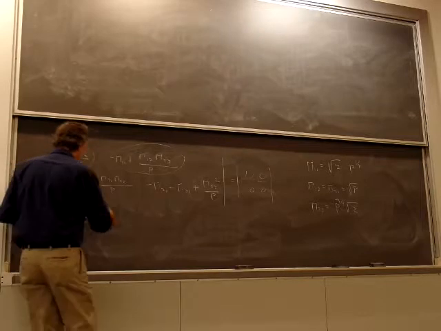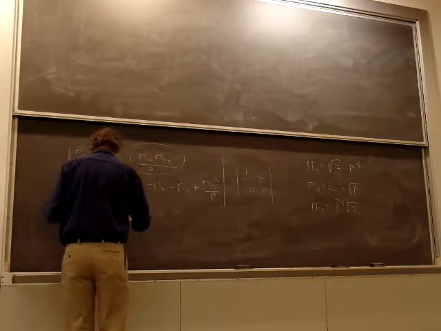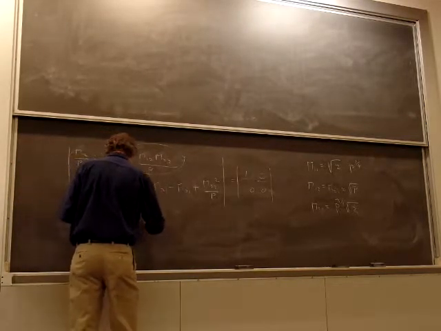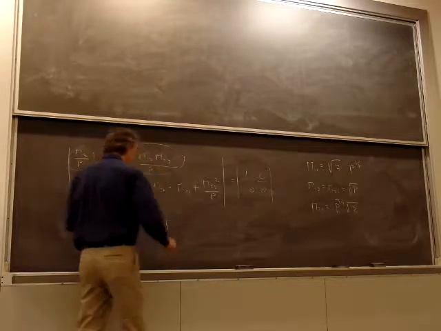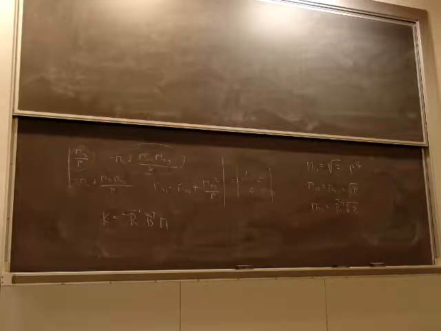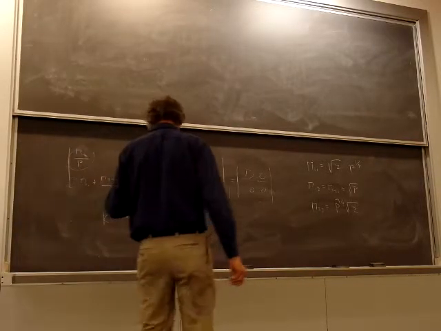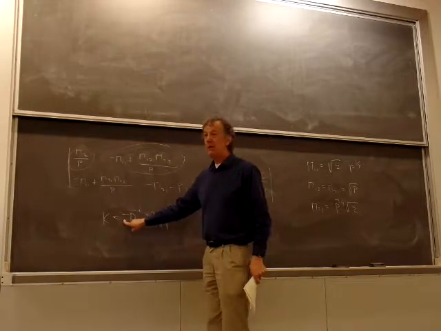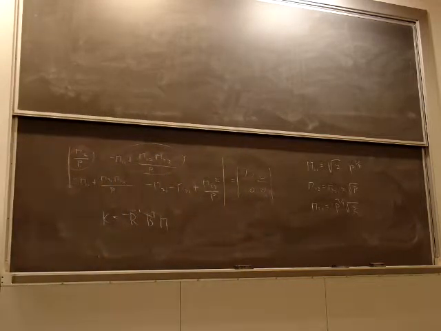Right? So now we have to find the gains. Well, the gain is minus R inverse B transpose times M, solved for M. In your lecture, there was no minus before R inverse. This matters, as I said before. Am I assuming negative feedback or positive feedback in my feedback path?